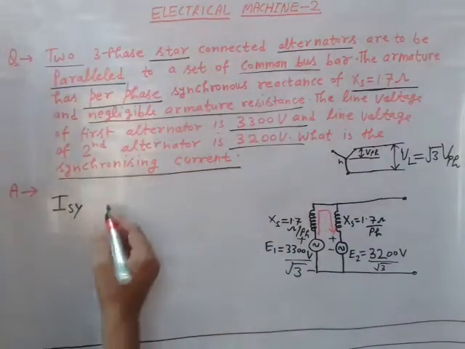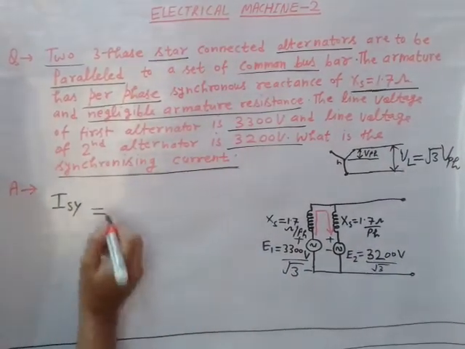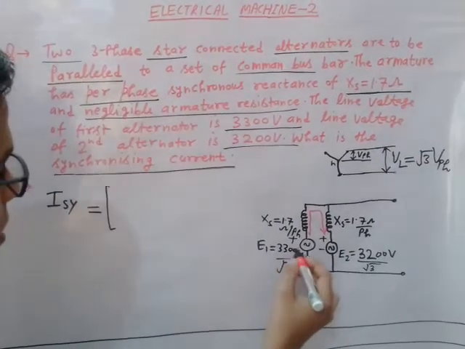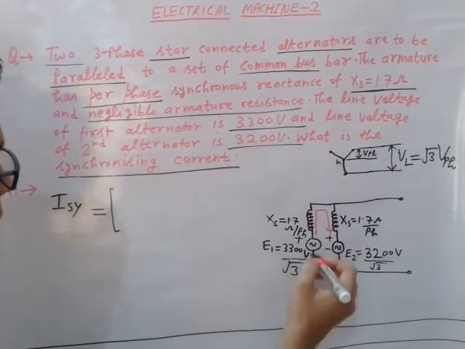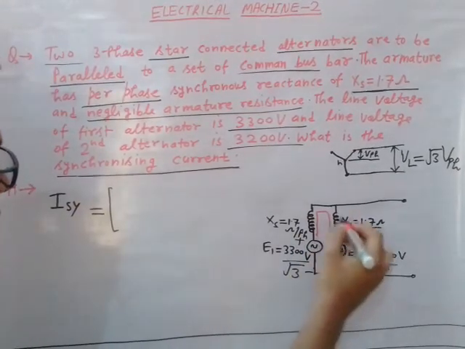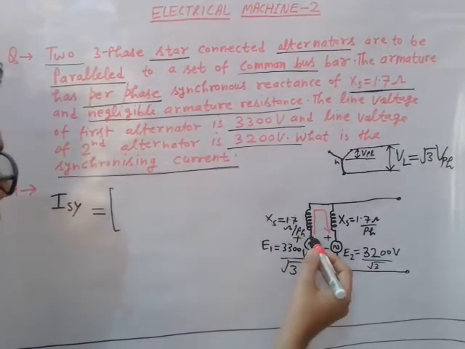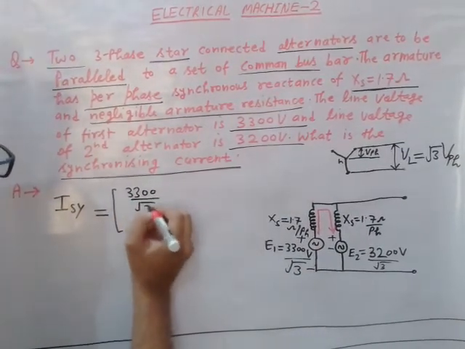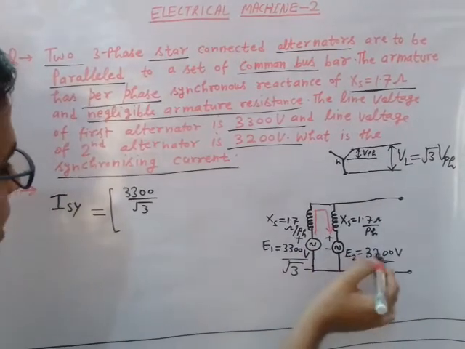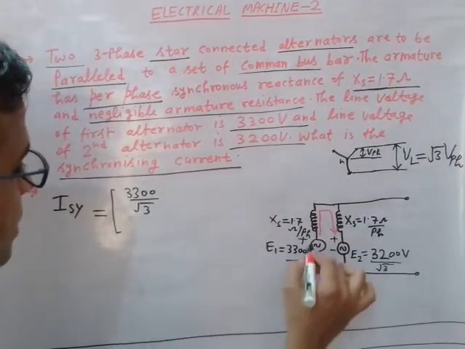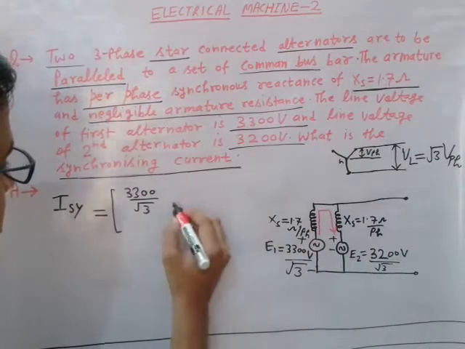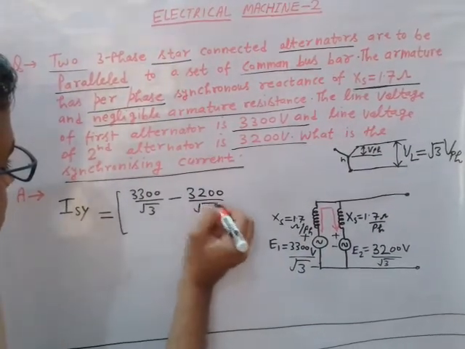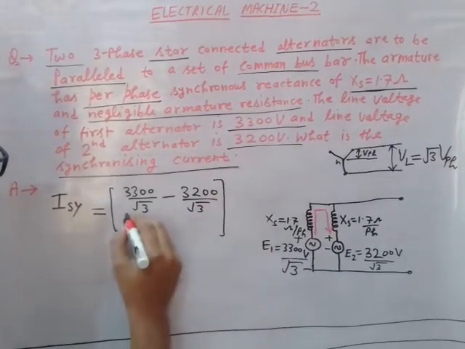So here the synchronizing current I_SY would be equal to 3300 divided by root 3 minus this voltage, 3200 divided by root 3, divided by the total impedance of the circuit. You can apply KVL in this loop.